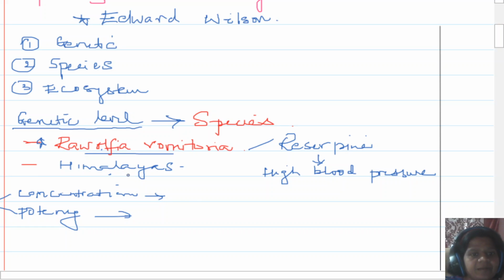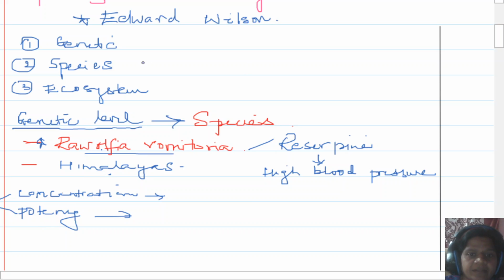We are talking about biodiversity at different levels. One is genetic, one is species, and the other is the ecosystem level. At the genetic level, we've taken the example of Rauwolfia vomitoria. Depending on where it is grown, the concentration and the potency of it varies.